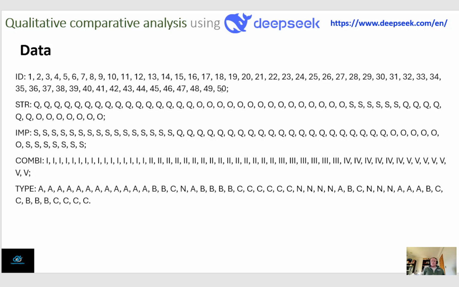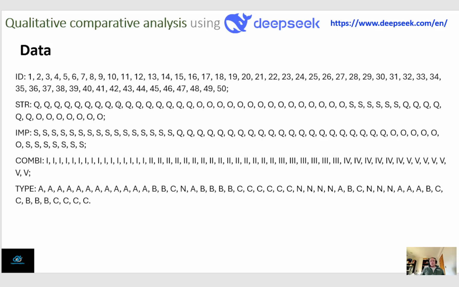There are 50 different IDs. Then also for strength, in the order of IDs, you list the different strengths. The same for improvements, the same for combinations, and then the types. And this also holds for strength, improvements, combi, and type.